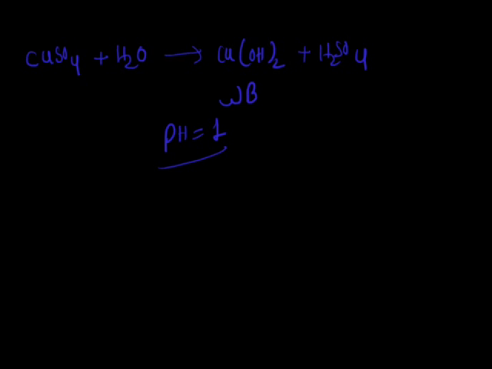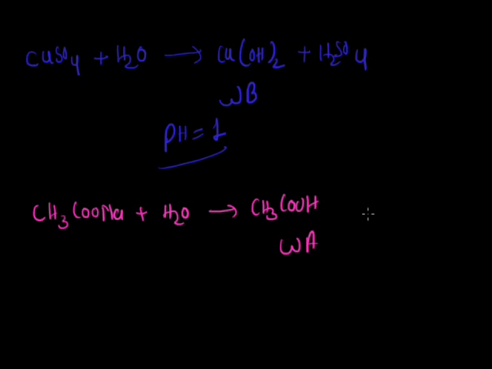Now the next salt is sodium acetate, that is CH3COONa. Now we are preparing the aqueous solution, that is H2O. It gives CH3COOH, that is the weak acid, and sodium hydroxide. It's a strong base. Now the overall solution will be basic.